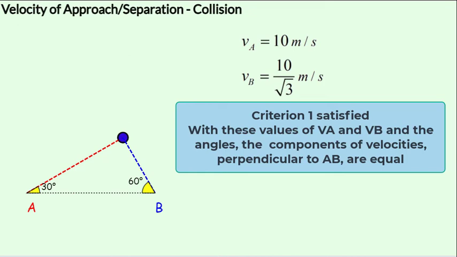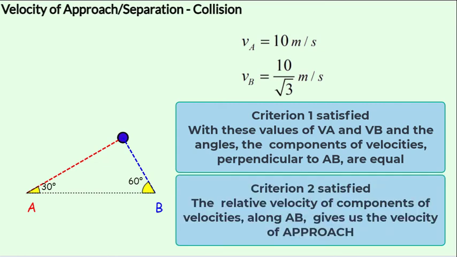So anytime we have to predict a collision between two balls A and B, we can take the component of the velocities perpendicular to the line joining A and B, and if they happen to be equal, and if the balls are approaching each other, then there will be a collision.